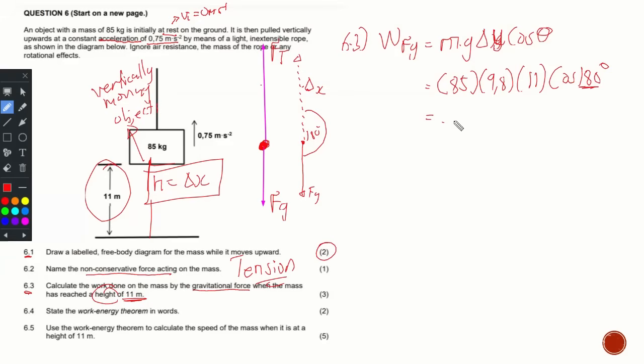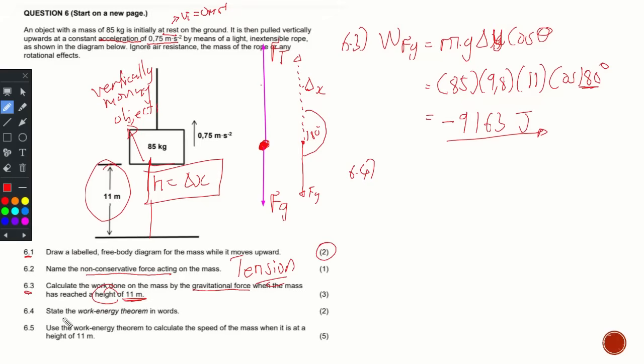This is going to give us negative 9,163 joules. So for 3 marks, you have your answer like that. Remember, 3 marks: formula, substitution, and the correct answer. Basically, we always say that you should not get any wrong answers for 3 mark questions because it's just straightforward like that.